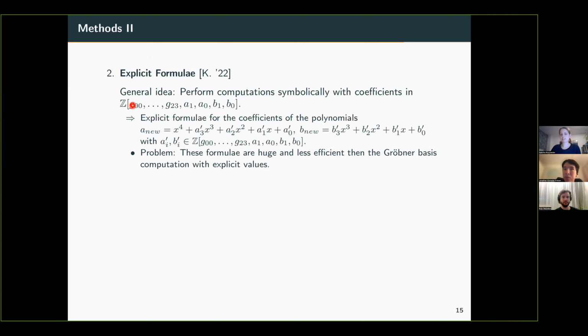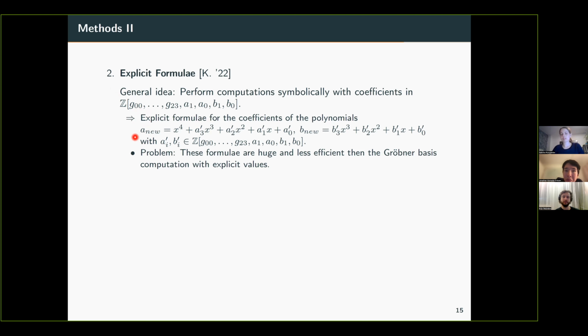So we never plug in concrete values for the GIs, and also not for the coefficients in the Mumford presentation of the divisor, and just perform everything symbolically. For this idea, one also has to take into account the relations that exist among the different coordinates. But if one does that, it's possible to really find explicit formulas.